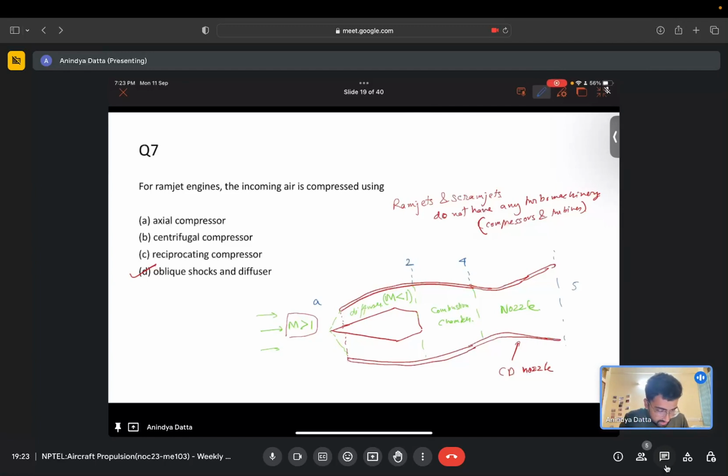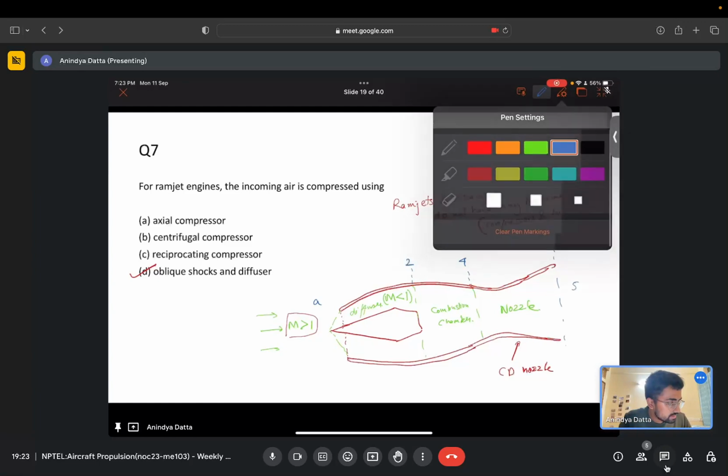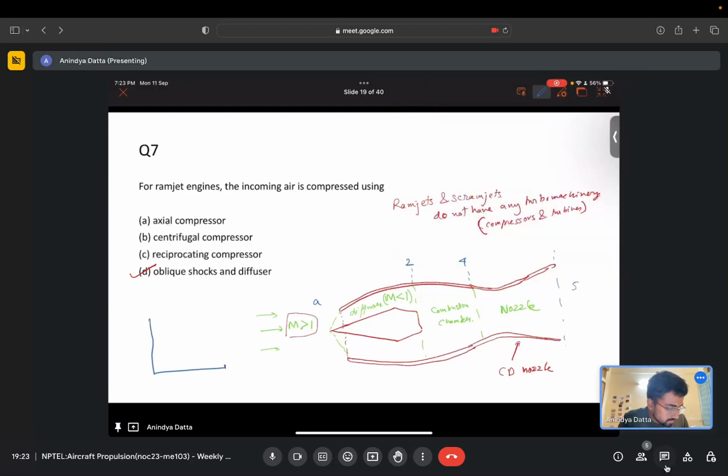ramjet, and the TS diagram looks like this. So we have A to 02, then 02 to 04, and then 04 to 5 is our nozzle.